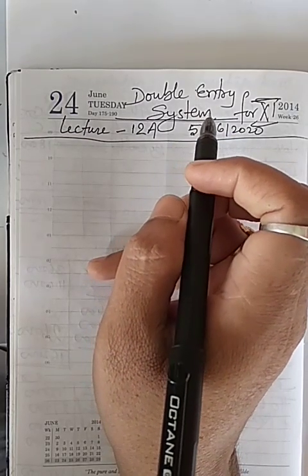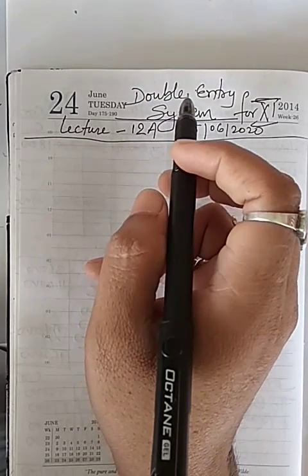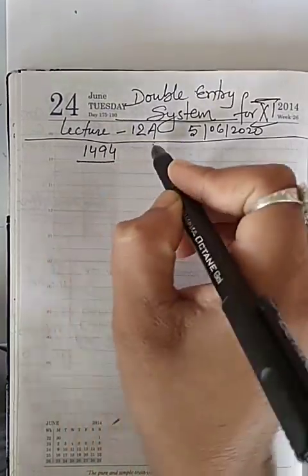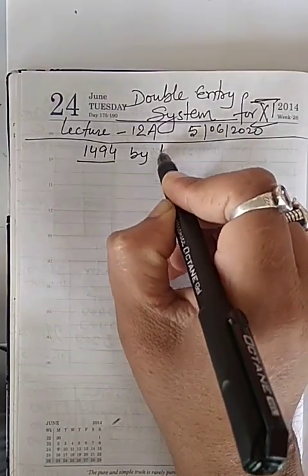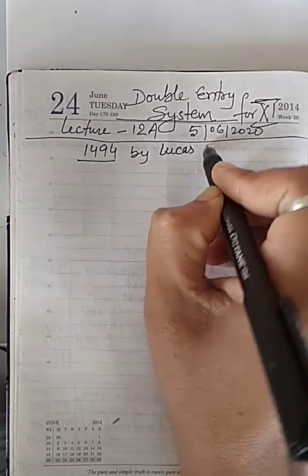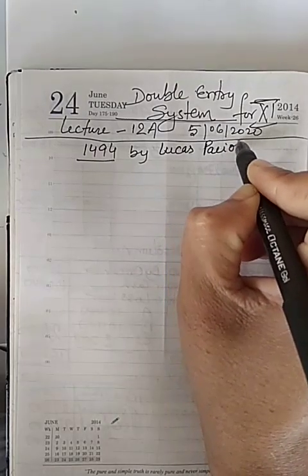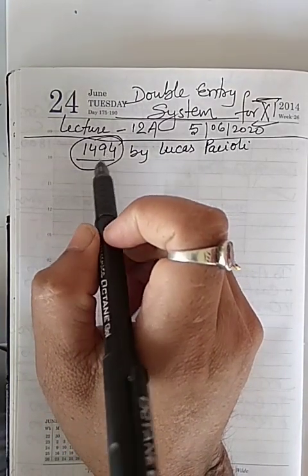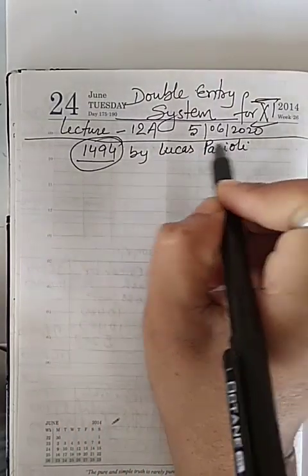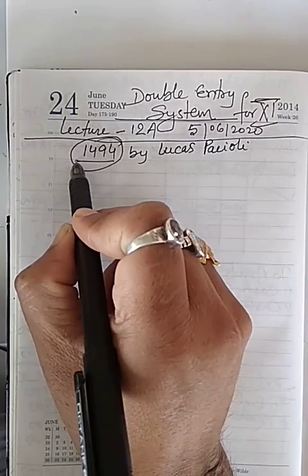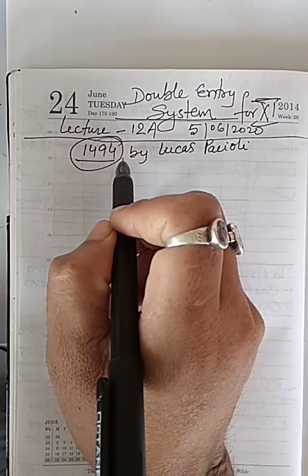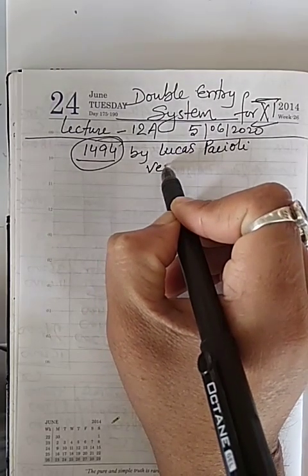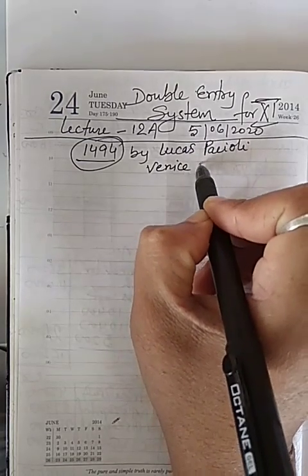A book on the double entry system was first of all written in 1494 by Lucas Pacioli, a resident of the city of Venice in Italy.